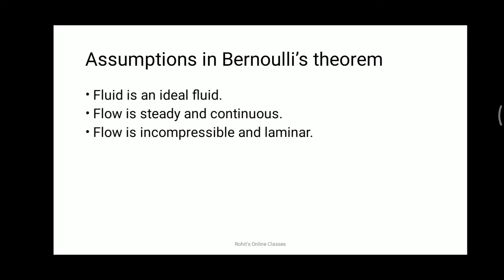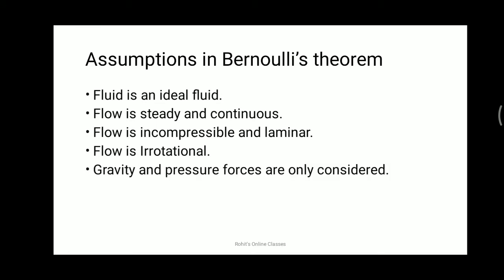Third, the flow is incompressible and laminar. Fourth, the flow is irrotational. Then gravity and pressure forces are only considered. So all these are the 5 assumptions of Bernoulli's theorem. If any assumption fails, then Bernoulli's theorem fails.